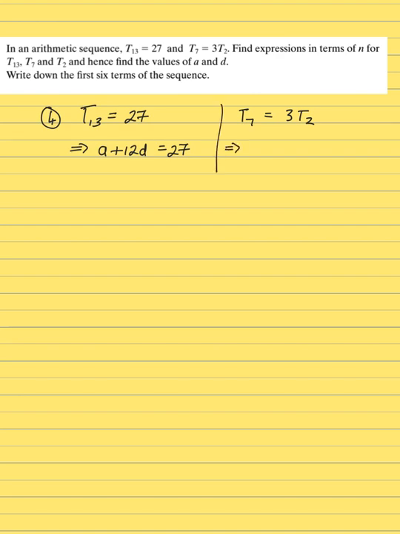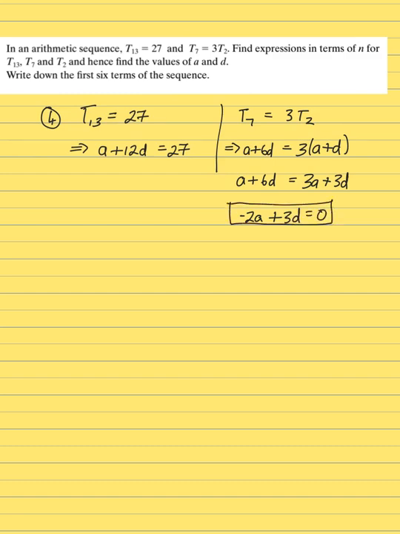So this means that a plus 6d, because that's the expression we found for t7, is equal to 3 times a plus d. Just tidying that up, we know that a plus 6d is equal to 3a plus 3d. Gathering them all together on one side, we would have minus 2a plus 3d equals 0.